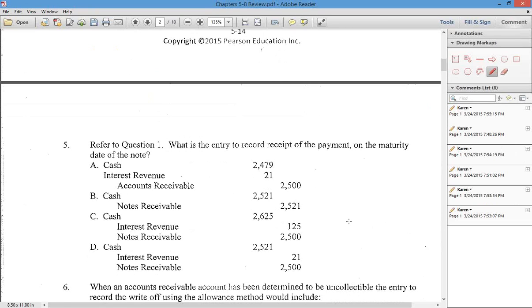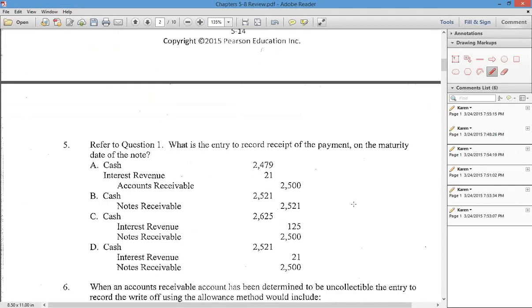So 5, what is the entry to record the receipt of the payment on the maturity date of the note? So we know that this would be happening on November 30th. Can you tell me which one of these entries would be when the company received the payment, on November 30th? How much cash would they have gotten?